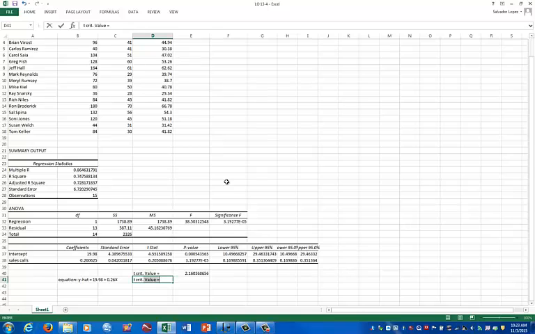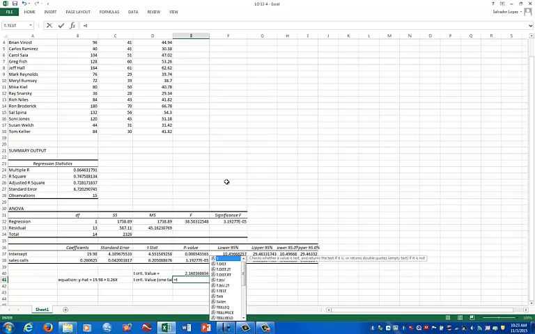Suppose you're doing a one-tail test. It'll be equal T.INV again, and instead of 0.975 here, it'll be 0.95 because 0.05 will be on the right tail. And again, the same degrees of freedom. The value will be 1.77.